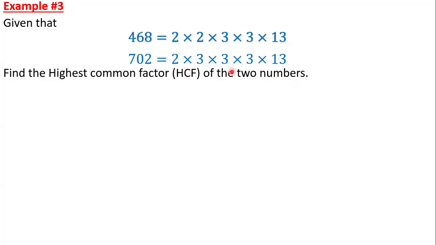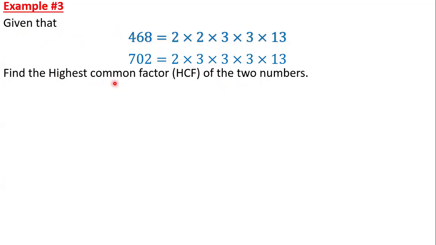So our goal is to find the what? Highest common factor of the two numbers. Shekinah, read this question for me, please. Given that 468 equals 2 times 2 times 3 times 3 times 13, and 702 equals 2 times 3 times 3 times 3 times 13.